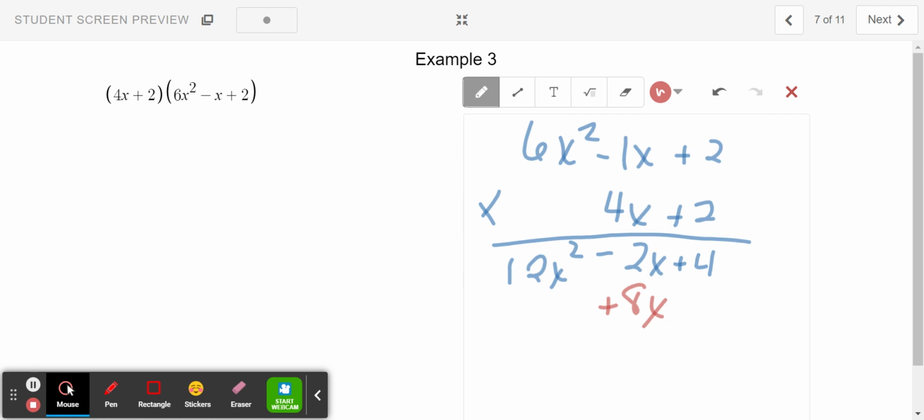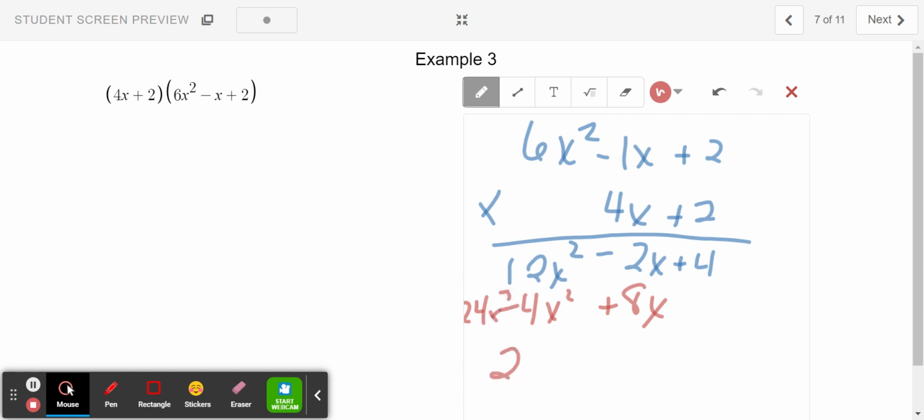Or wait, sorry, I missed the term. I'm so sorry. 4x times negative 1x. I'm like, why isn't this working out right? 4x times negative 1x is going to be negative 4x squared. So that's going to get lined up right here. And then now I can do my 4 times 6 is 24x cubed, and that's probably not going to fit very well, so I'm going to try my best.